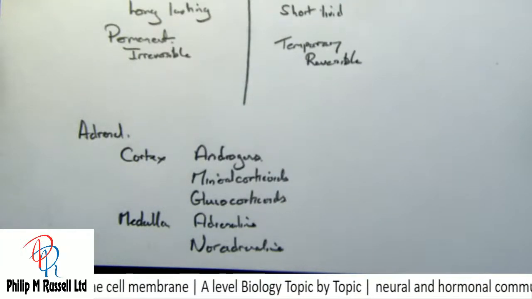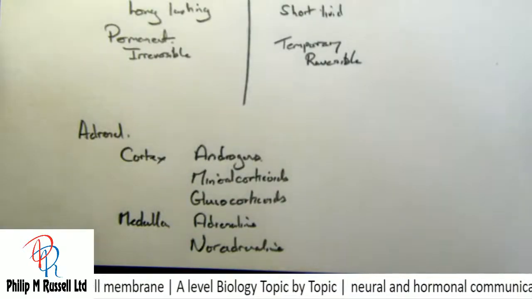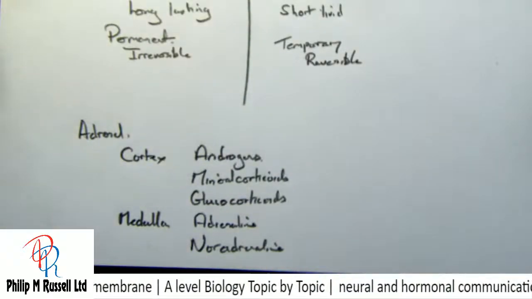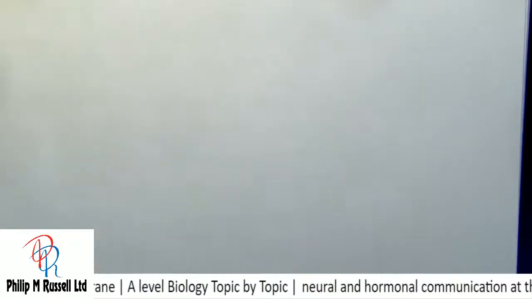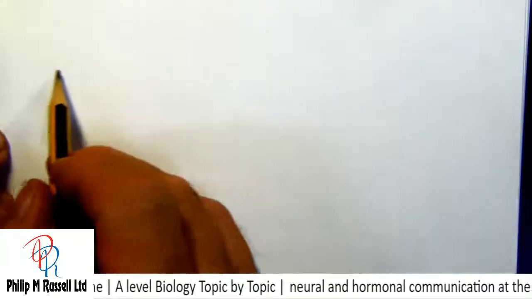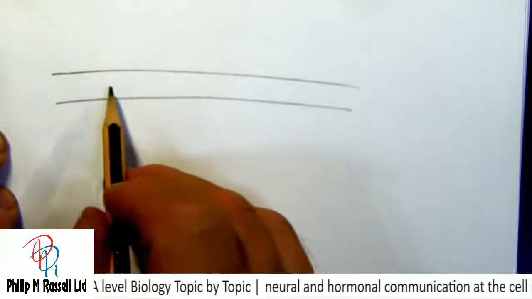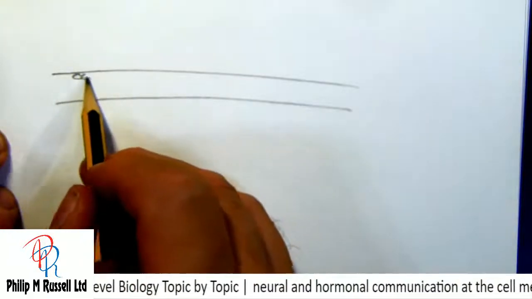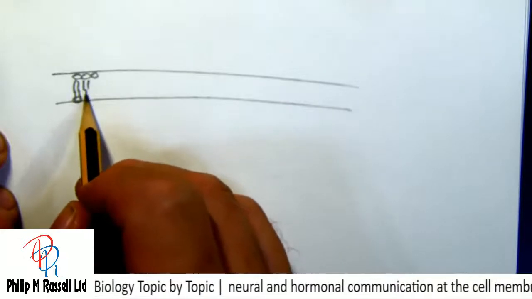And let's look at how this hormonal control might work. So what we've got is basically our cell membrane. This is our phospholipid bilayer. I'm not going to draw it all out because it's going to take way too long.